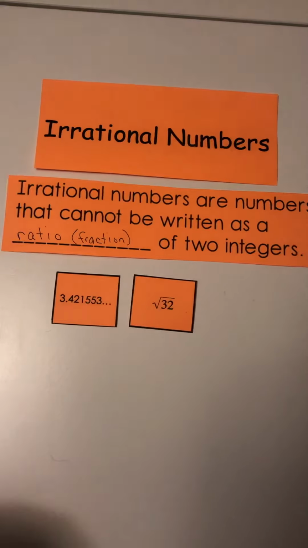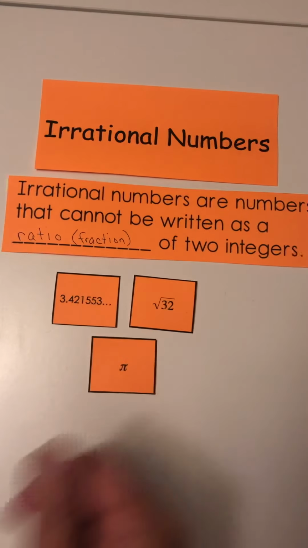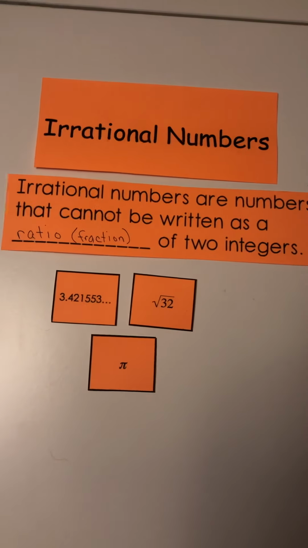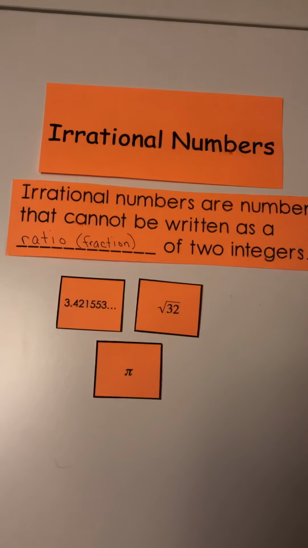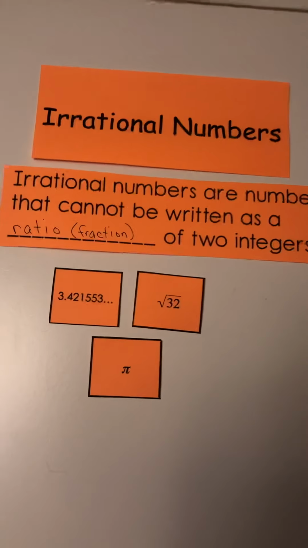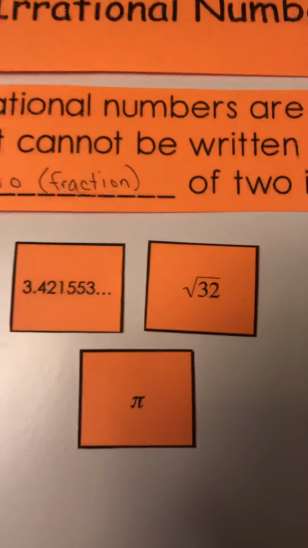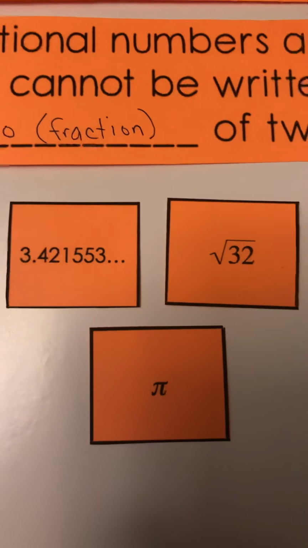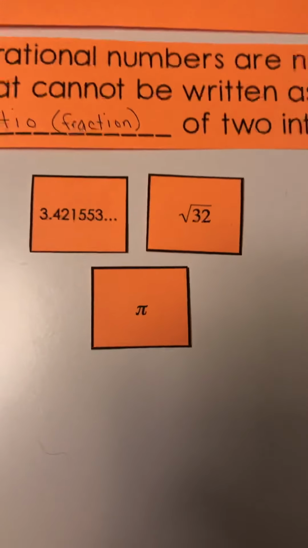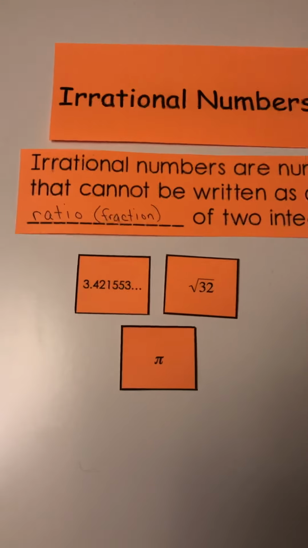Now, this little guy right here is the most common irrational number in the world. So pi is the most common irrational number in the world. Another one is the square root of 2, but I didn't have a cutout for that one, but the square root of 2 is also.